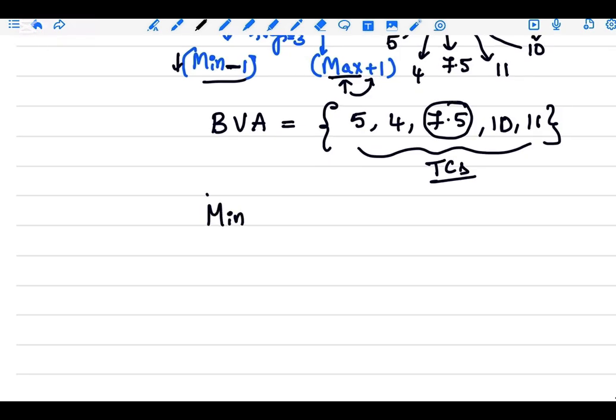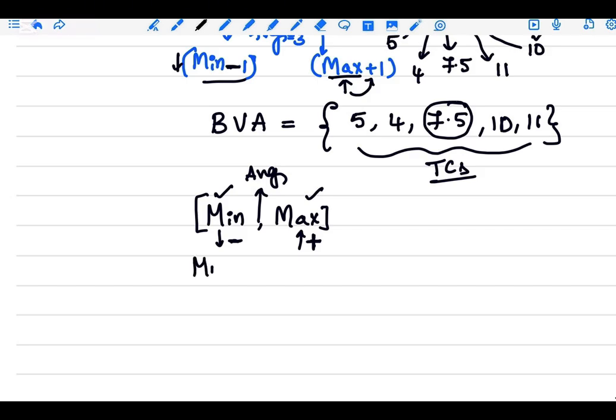So first, the range is the minimum and the maximum. Include these, the minimum and the maximum, and the average value or a value between them, the nominal value. And minimum means decreasing, so minus, and maximum means increasing, so plus. You can remember it like this if you forgot. Otherwise, don't worry, you can answer directly.